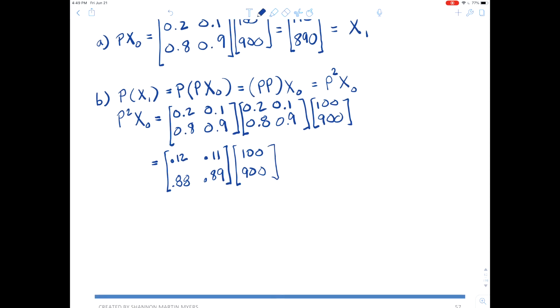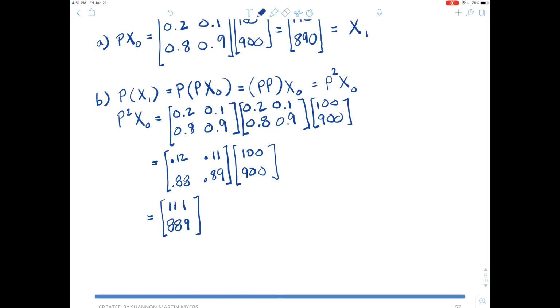And so now multiply that by 100, 900, and let's see what happens. Okay? So that's going to end up being equal to 12 plus 99 is going to be 111. And then 88 plus 801 is going to be 889.